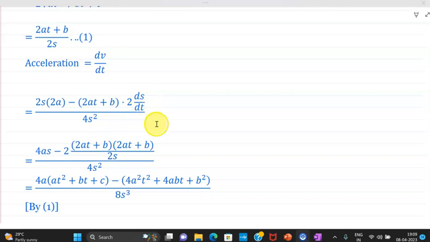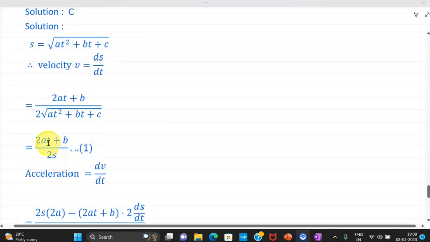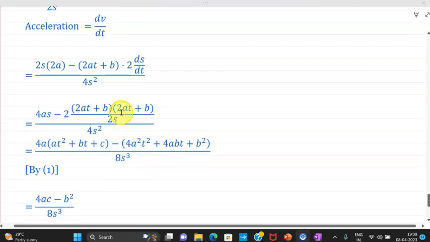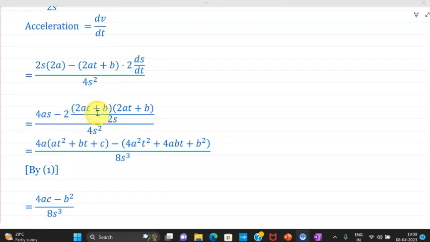The value of ds/dt is (2at plus b) upon 2s. After substituting and multiplying, you will have (2at plus b) into (2at plus b) upon 2s. This 2 gets cancelled, and after simplification, you will have 4as².